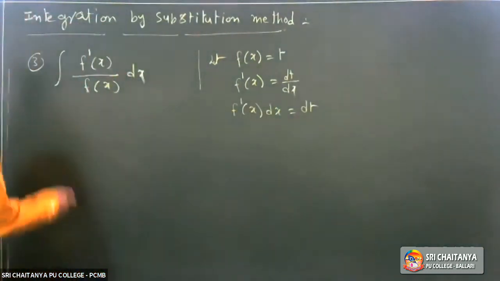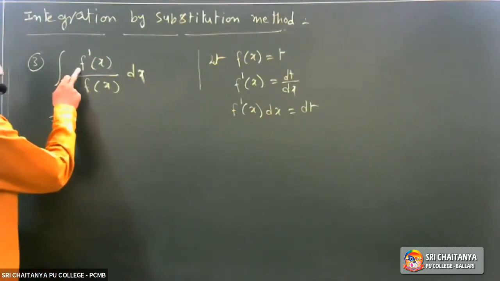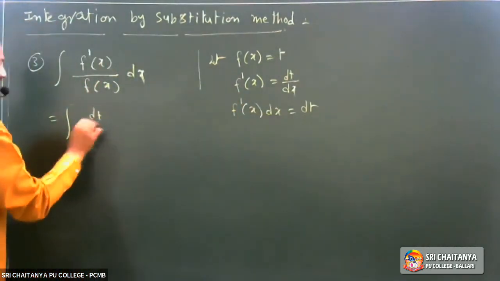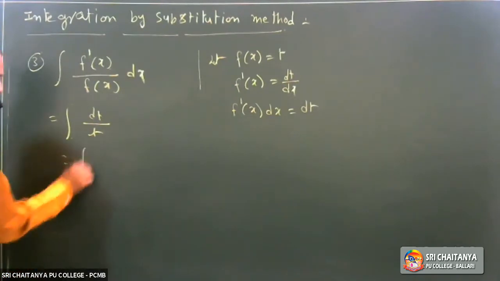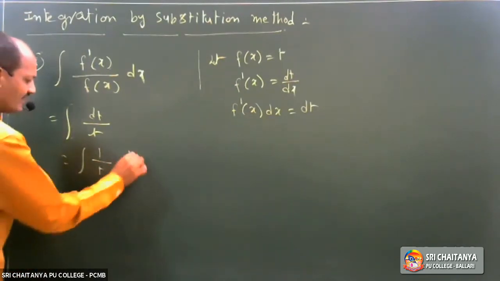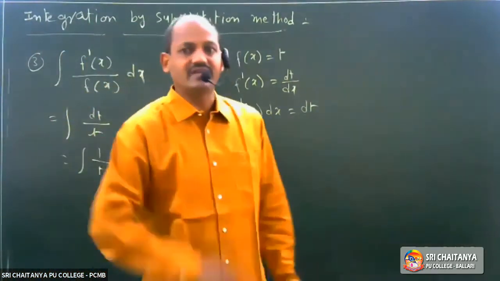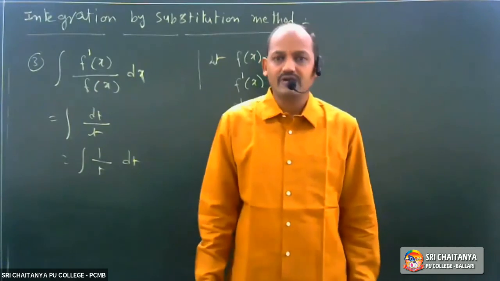Okay. So then it is the integral of numerator f dash of x dx, which is equal to dt, divided by t. That is the integral of 1 by t dt. We know that integral of 1 by x is log mod x.